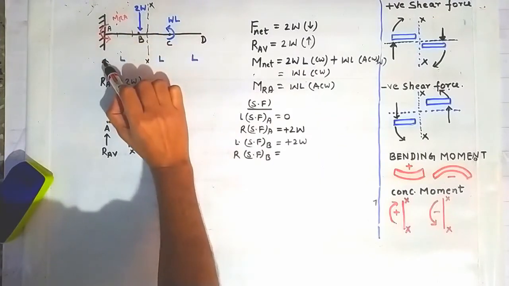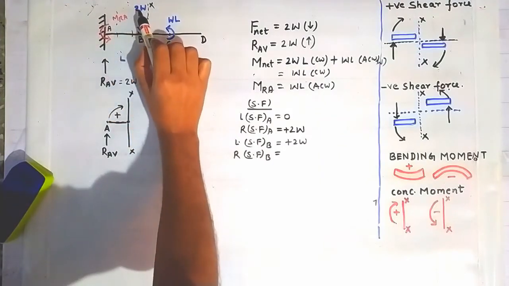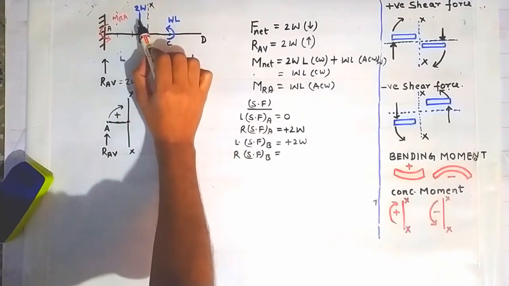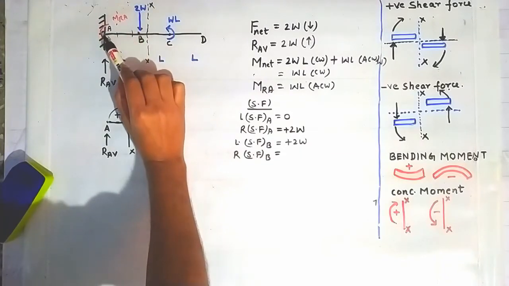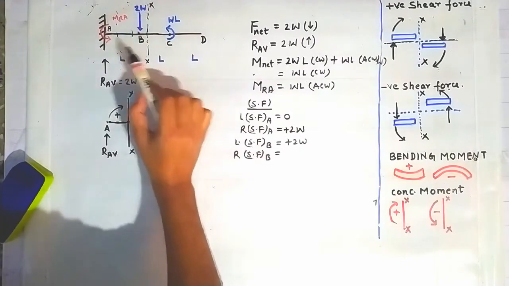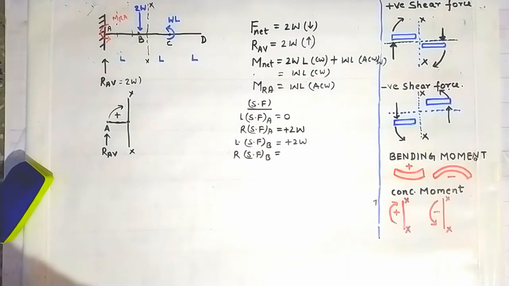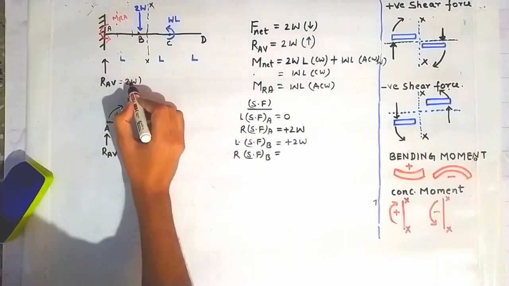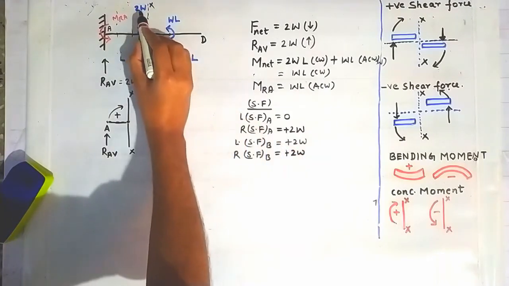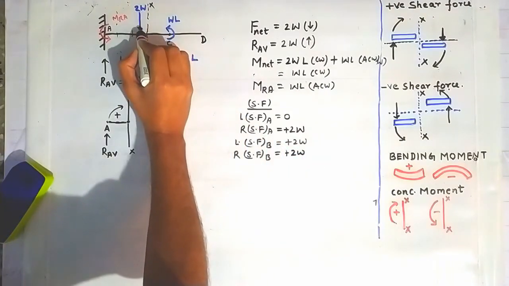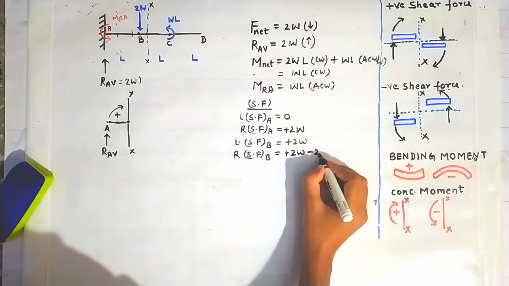These two forces will account for shear force about this section XX, and this concentrated moment will not account for any shear force about this section XX. Because of this force there will be a shear force of plus 2W, and because of this concentrated load there will be a shear force of minus 2W.